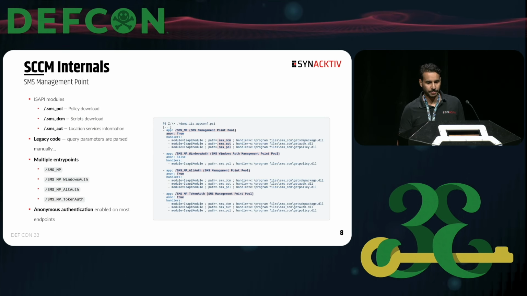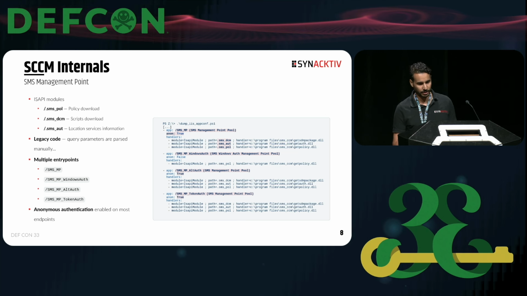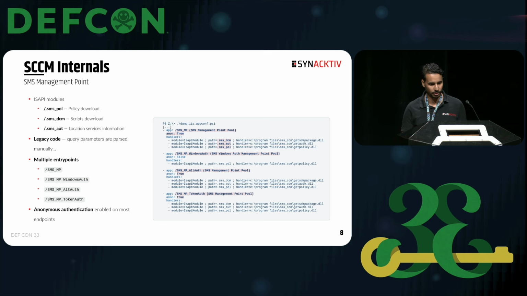And let's start with the SMS management point service. On the right side, this is a snippet of a dump I did on the IIS web configuration. This is only for the SMS management point service, but we'll get other snippets for other services. And you can observe here that there are 3 ISAPI modules in use, one to serve policies to clients, another to serve scripts to clients, and a last one to serve location services information to clients.